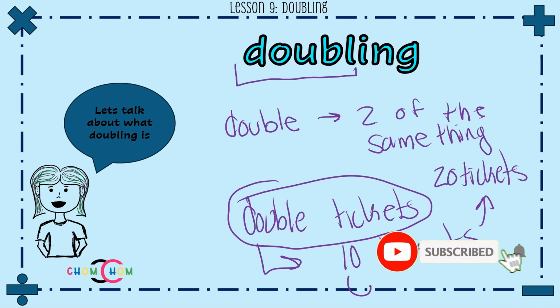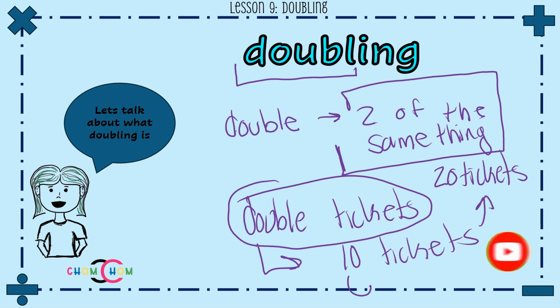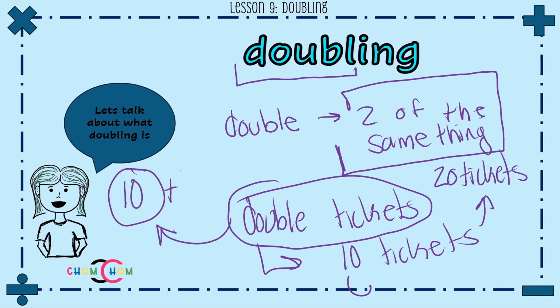So doubling is getting two of the same thing. So we're taking the amount of the thing we have, like tickets, and we're doubling it by adding the same thing to it to get 20.